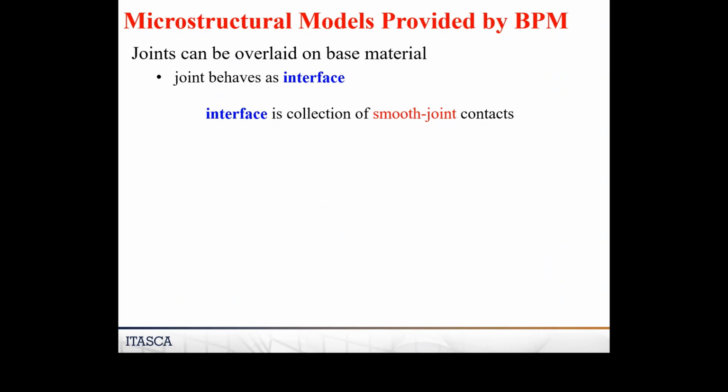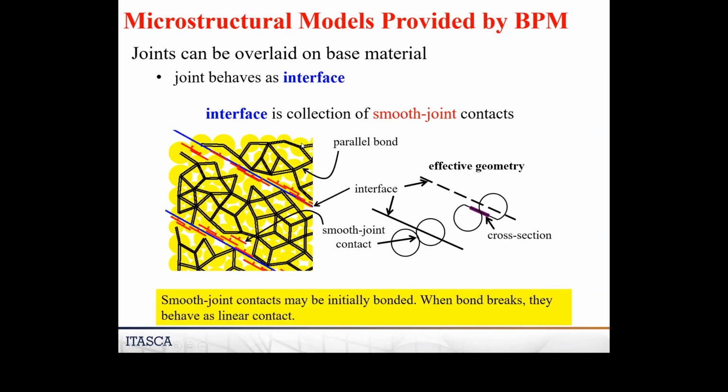Let's go back to talk about some of these microstructural models that we can create. The first way is that we can overlay joints on the base material. Let's talk about how we put these joints in here. We make a collection of what we call smooth joint contacts.